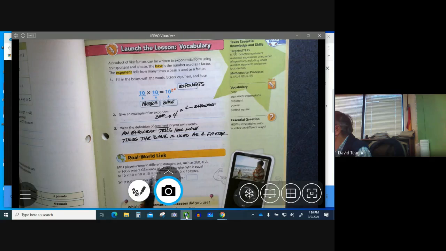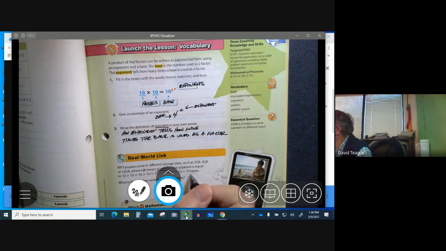So 10 times 10, 9 times is equal to 1 gigabyte. These are bytes, right? So what is the number written as exponents? That would be written as 10, because 10 is your base, and 9. So 10 to the 9th power tells you how many bytes are in a gigabyte.